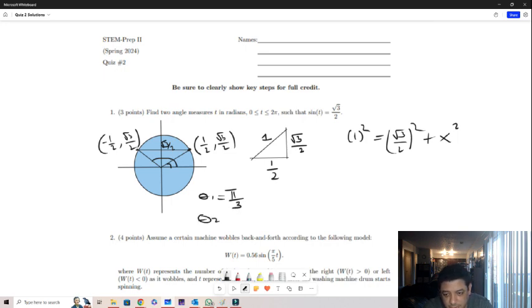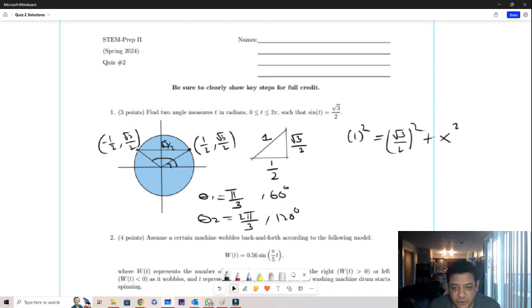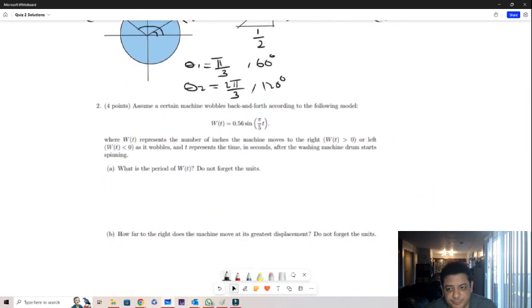Also, theta 2, which is the angle in the second quadrant, is going to be 120 degrees, which corresponds in radians to 2 pi over 3. Noticing that this is 60 degrees and this is 120 degrees is not bad, but the answer is expected in radians, since this is what I'm asking you. So to have full points, you should have your result in radians.